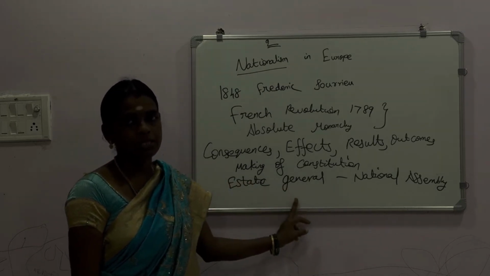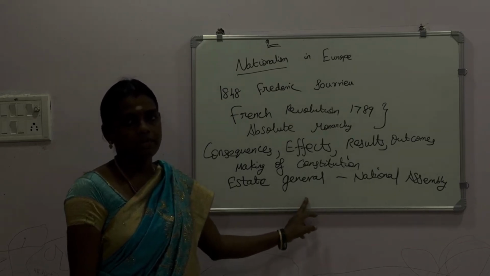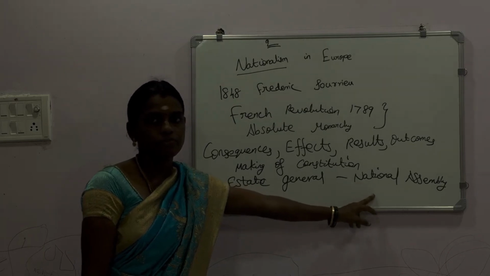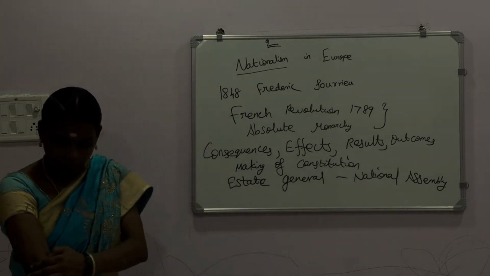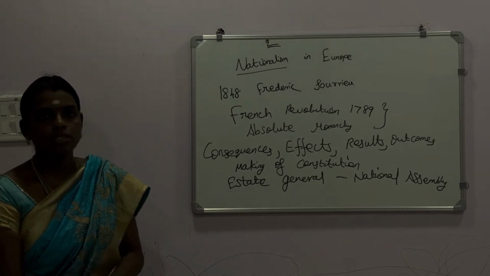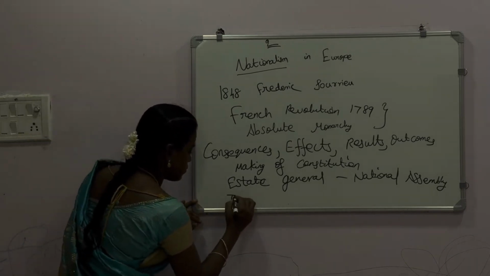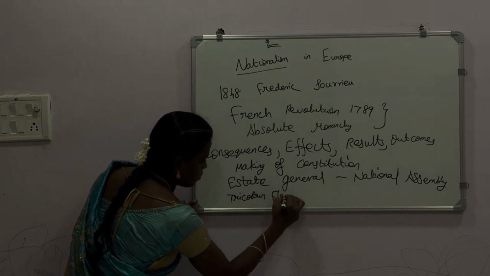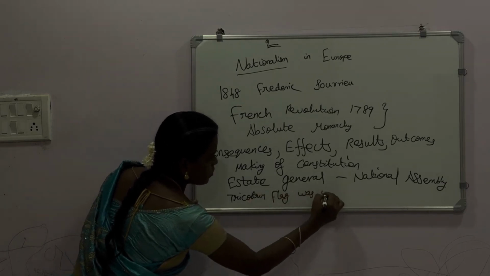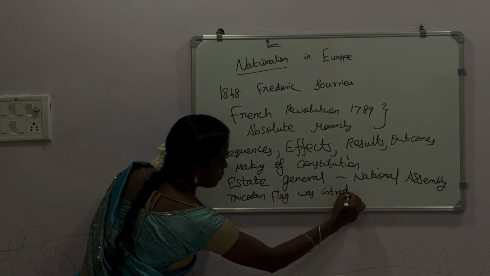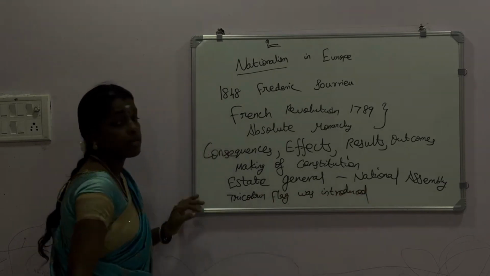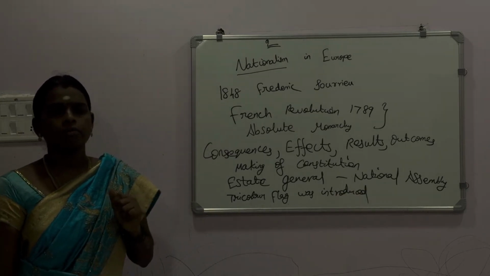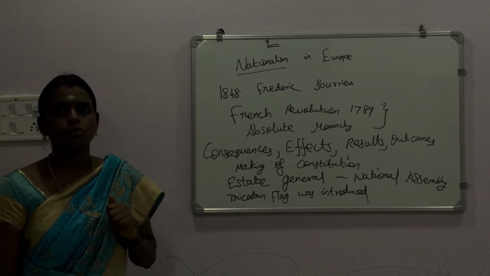First it was known as the Estates General, but nowadays it is known as the National Assembly. Then the tricolor flag was introduced.